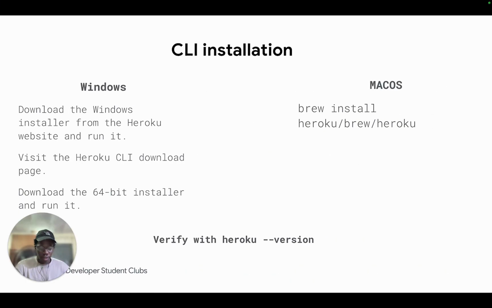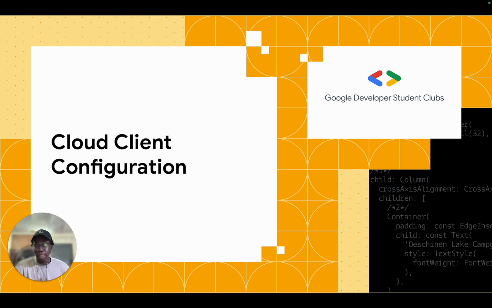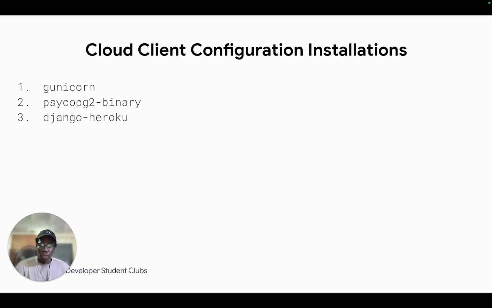The next on the list is the cloud platform configuration. We want to configure Heroku to our project. First we need to install these packages with pip.